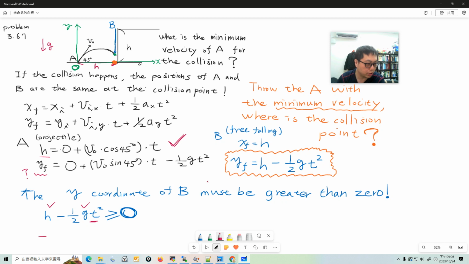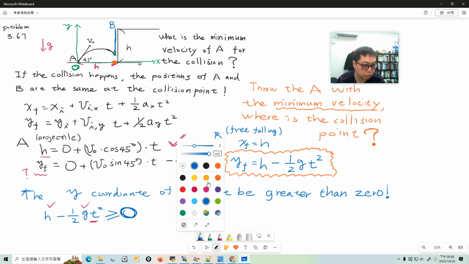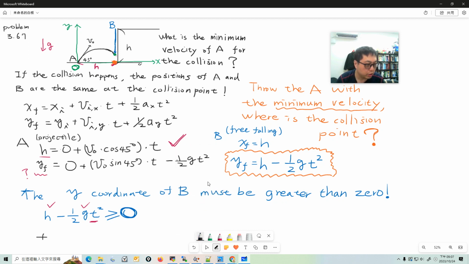So we have t equal to h over v times cosine 45 degrees. We combine these two together. I think the problem is solved.